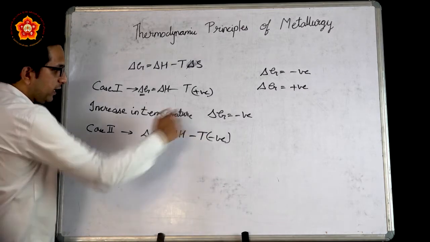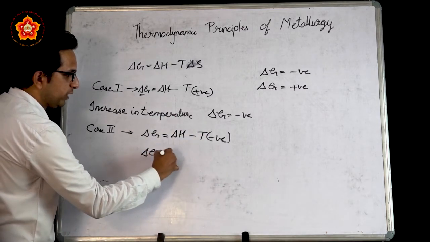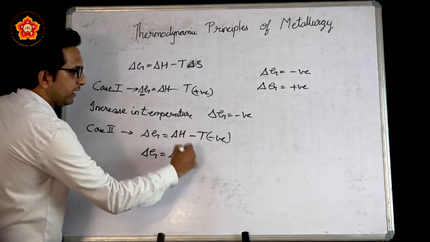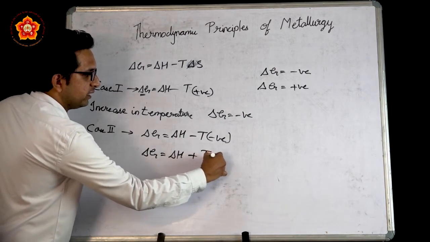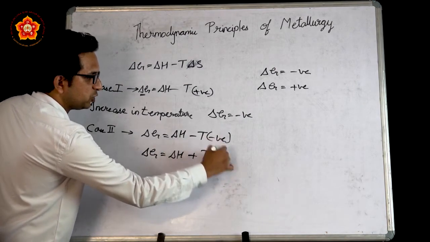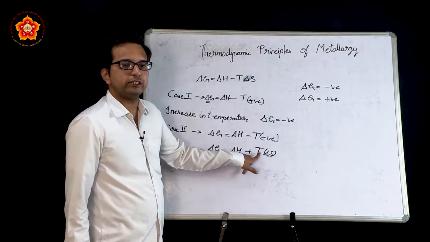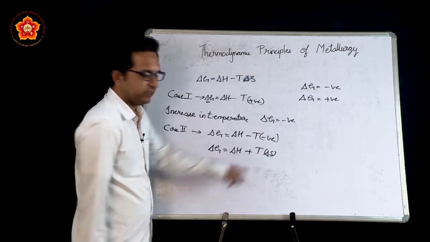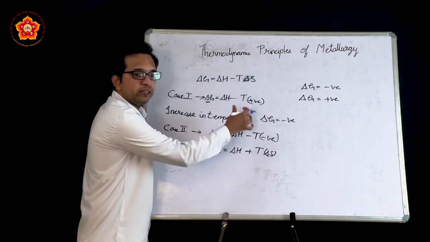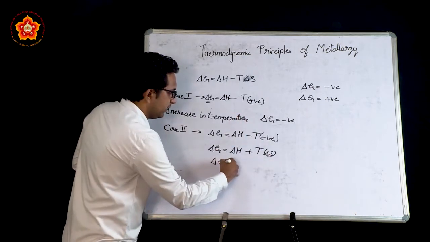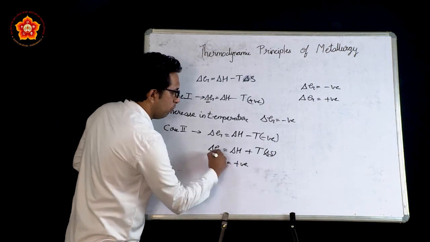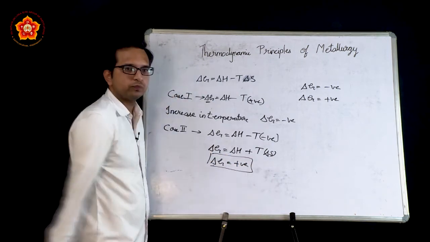So this entire form will now turn out to be delta G is equal to delta H plus this entropy term in this special case. If there is an increase in temperature now, the positive factor will go on increasing. Therefore, delta G will tend to become more and more positive.